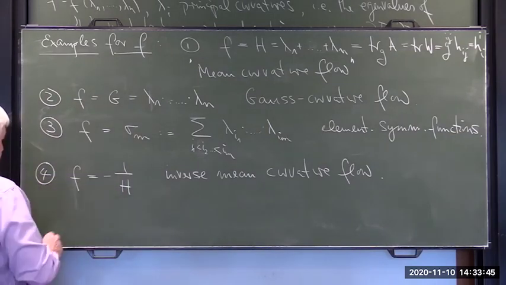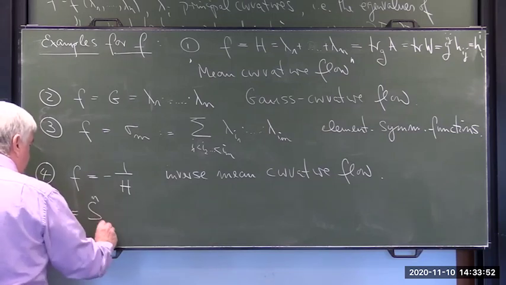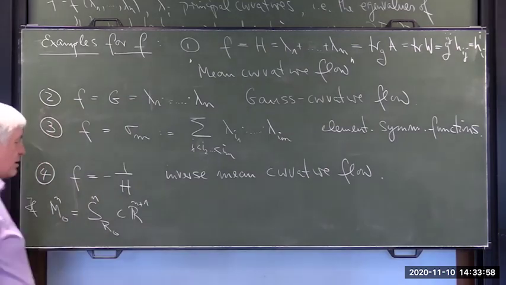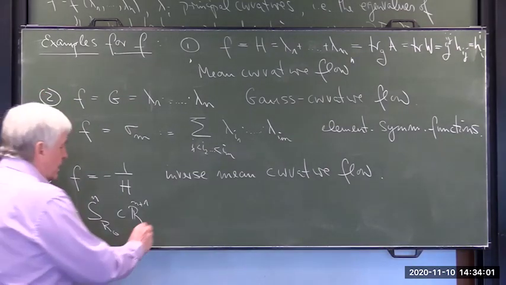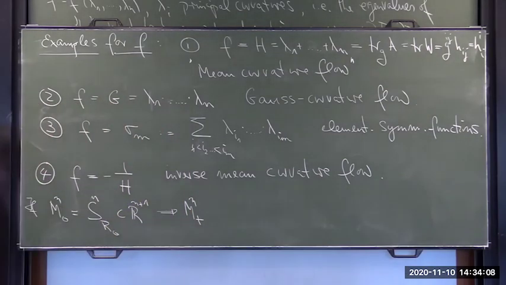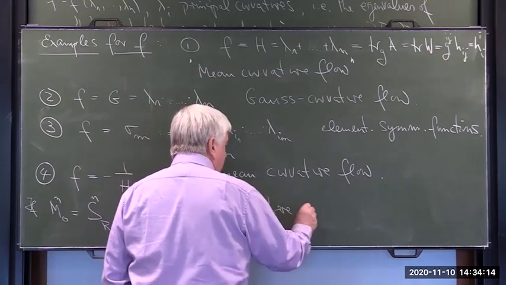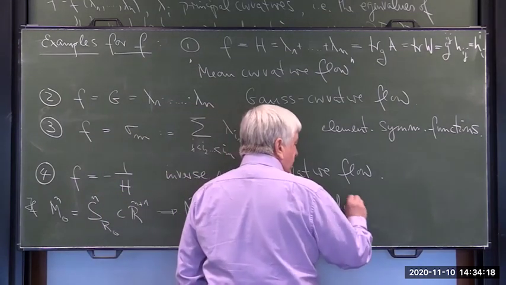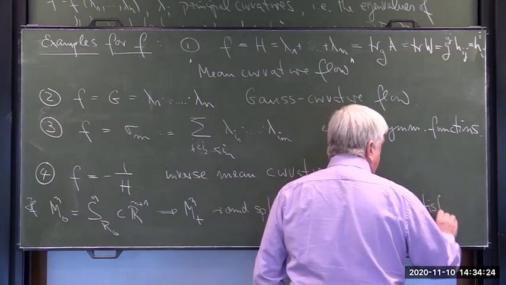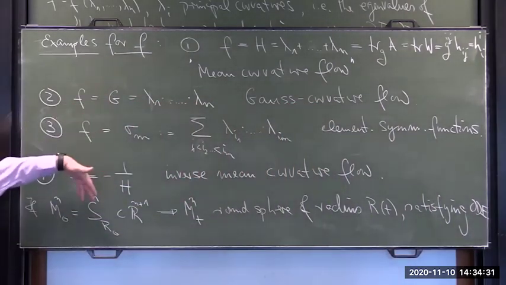Then because of these symmetries, if the initial hypersurface is a round sphere of some radius r0 sitting in R^(n+1), then these surfaces M_t will still be round spheres of some radius r(t), and this radius will be satisfying an ODE depending on which of these speeds you have chosen.